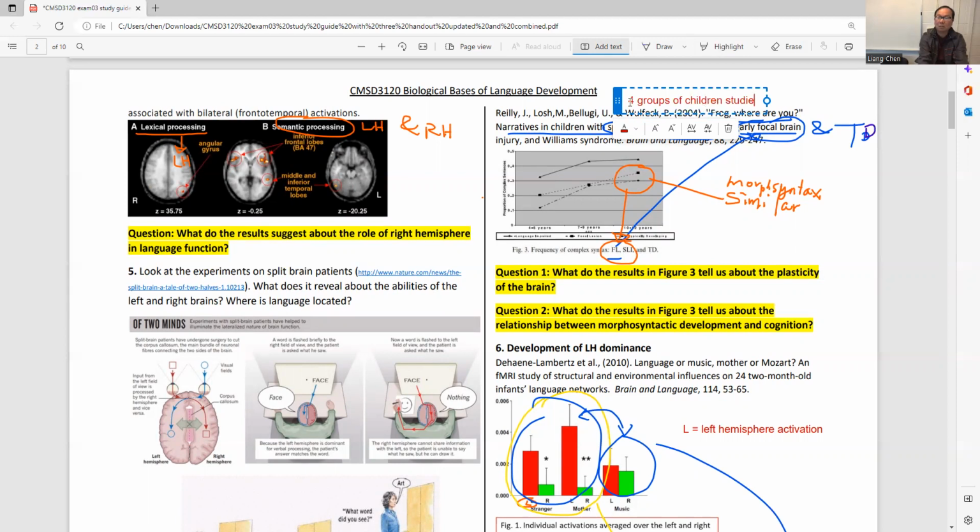But here, figure 3 only compares three groups, right? So keep in mind, only three groups. Make sure that you know what these three groups are.